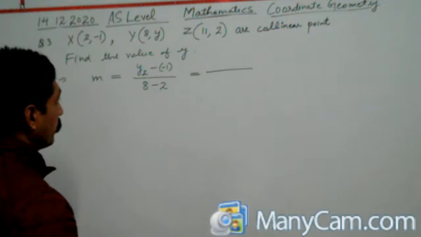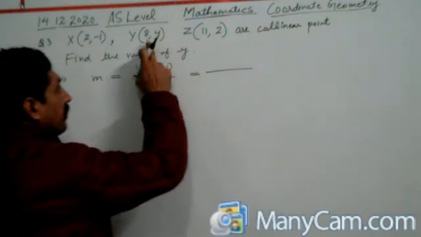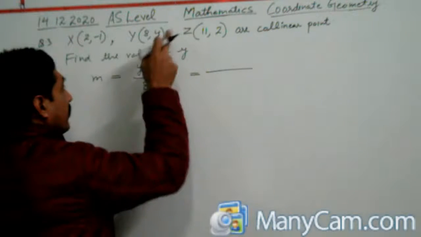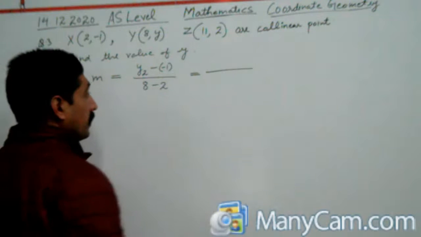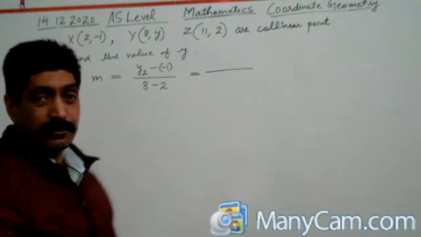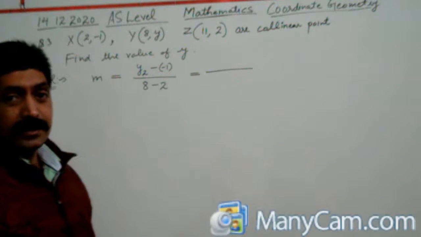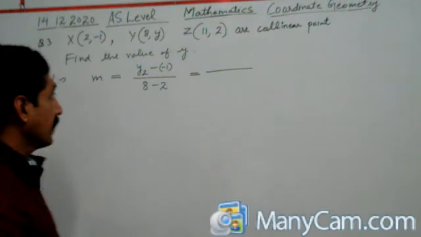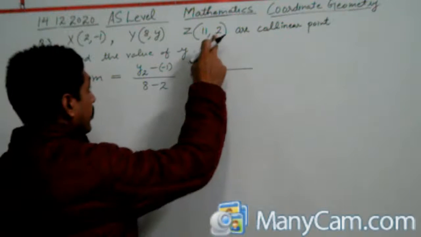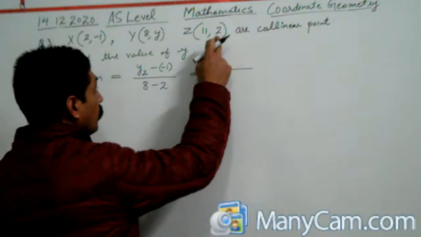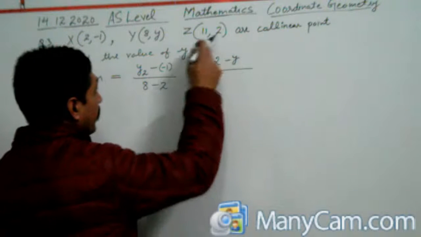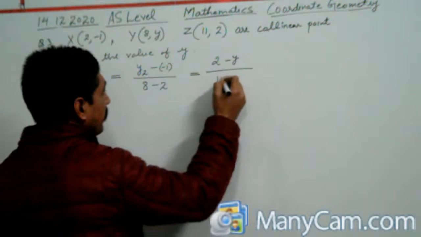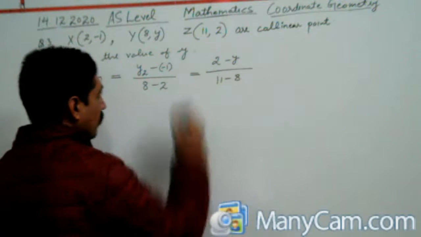If you want XZ, then y will not come, but you can choose any of them and you will find the same value of y. Like here, if you are taking 2 minus y, and here 11 minus 8.